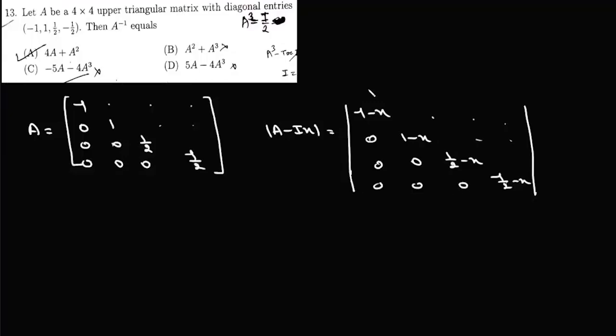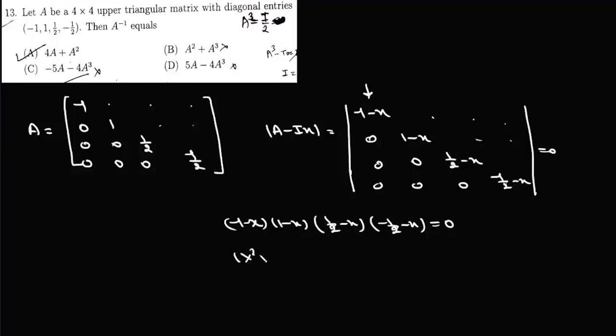Now we expand this determinant about this first column. We know value of this determinant will be -1 minus x into 1 minus x, 1 by 2 minus x, and -1 by 2 minus x, and it should be equal to 0 for characteristic equation.